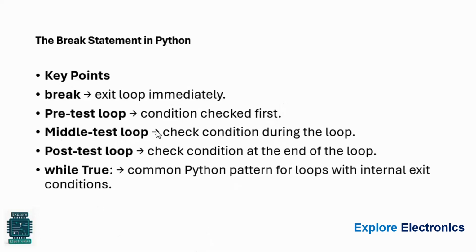Middle test loop means checking the condition during the loop, after the loop has started, in the middle of the loop. And post test loop means checking the condition at the end of the loop. Make sure that in a post test loop it has to take at least one iteration. While True is a common Python pattern for loops with internal exit conditions.